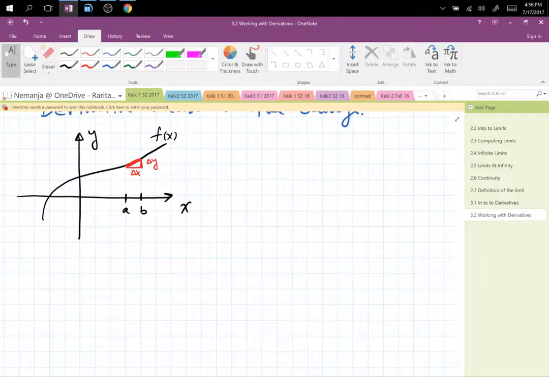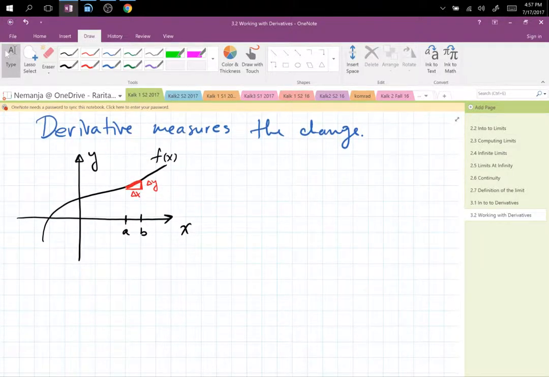So now, if you are observing the rules of differentiation, what I wrote in blue up there, that the derivative measures change. What would be the value of the derivative if I say there is no change in the function? What is it? 0. So if there is no change in the function, the derivative has to be 0.